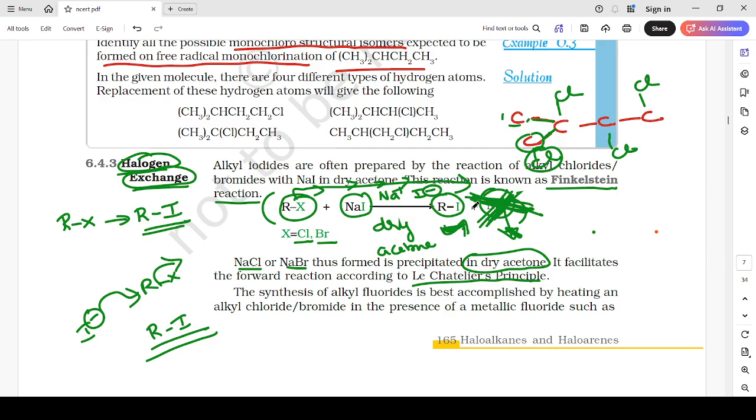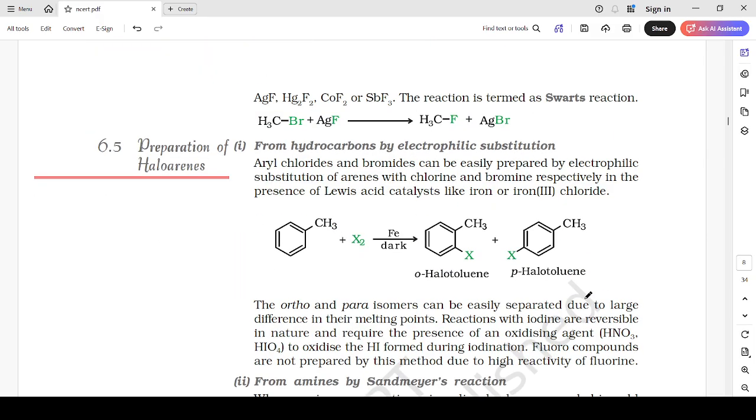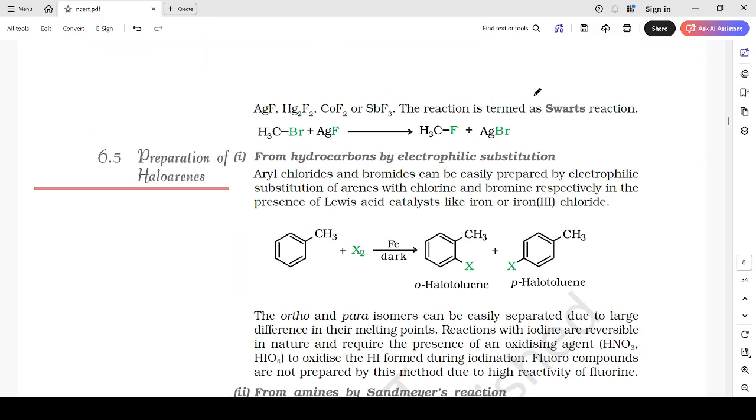Yes, ma'am. The synthesis of alkyl fluoride is best accomplished by heating an alkyl chloride or bromide in the presence of metallic fluorides. So we synthesized iodide, that was called Finkelstein. If I am going to convert an RX into RF, then that reaction is called Swarts reaction.